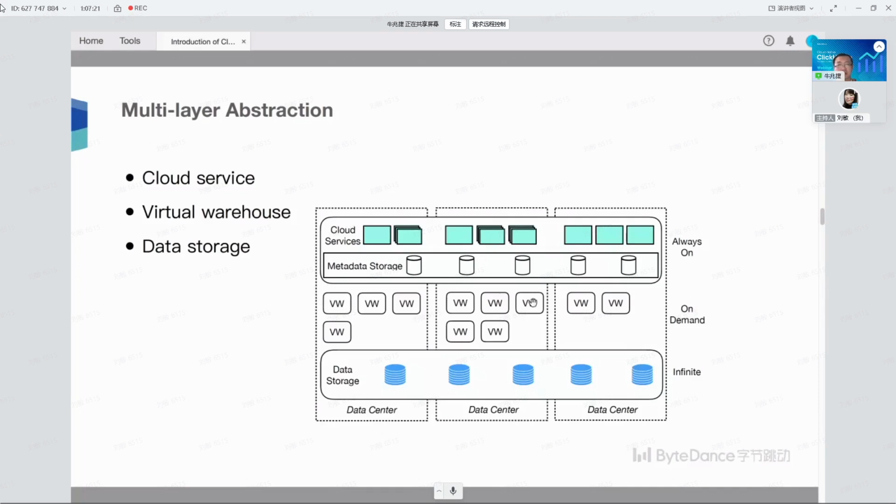This layer is on demand, which means we can do the scaling according to the user's requirement or demand. And the last layer is data storage. The data storage layer stores the data, and it can be expanded according to the data volume.